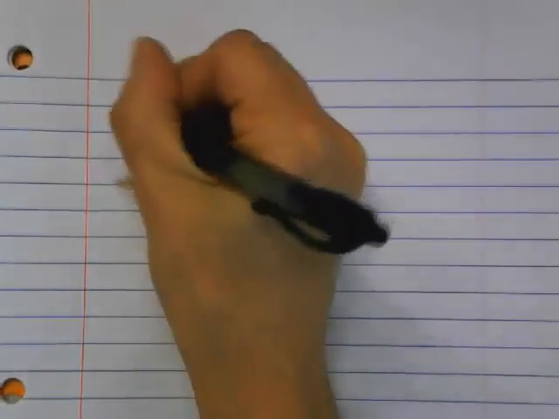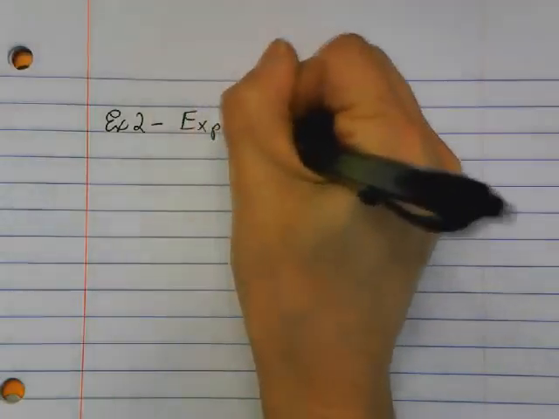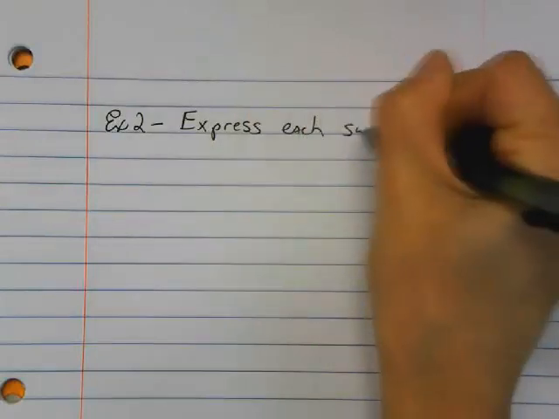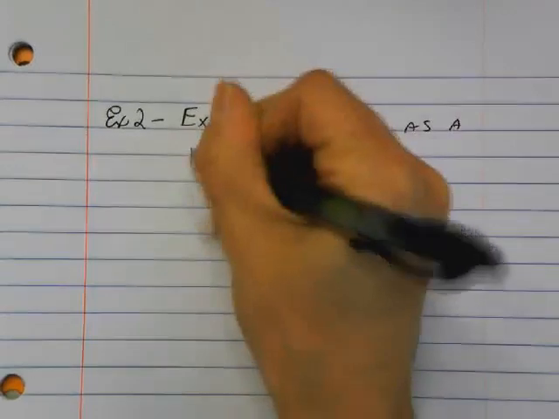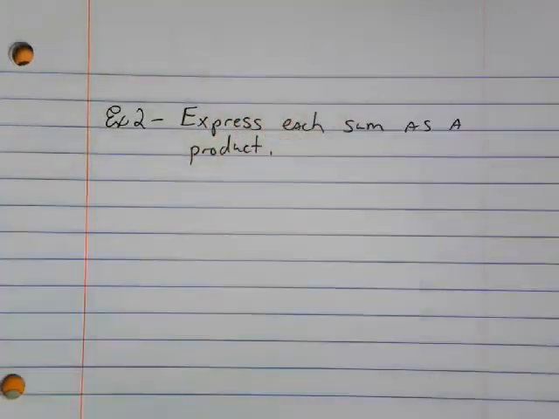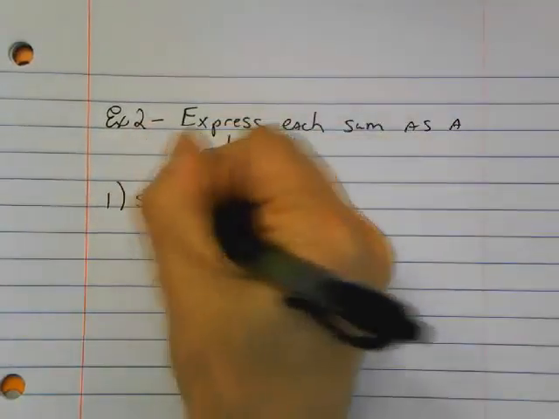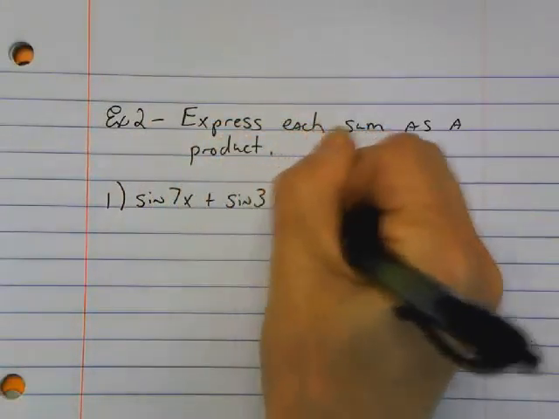Alright, I'm going to go ahead and flip over. So example 2. Express each sum as a product. Sine 7x plus sine 3x.